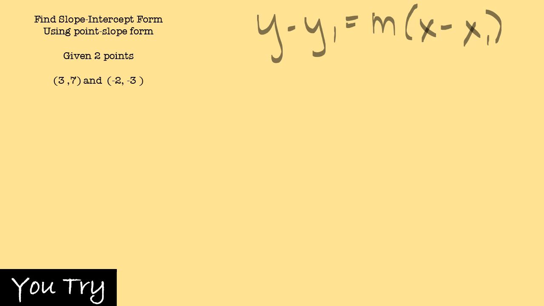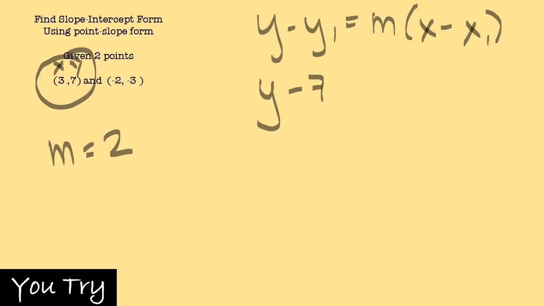So we already knew that the slope m is equal to 2, right? Because we had a negative 10 over a negative 5 if we did our slope. And again, I would use this x and y here because it's positive. So we have y minus 7 is equal to 2, and then x minus 3.